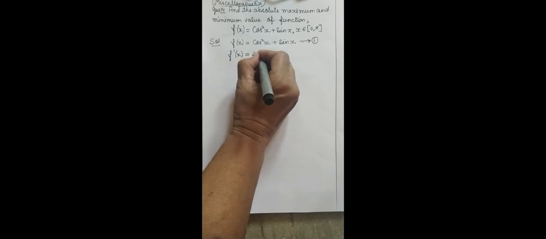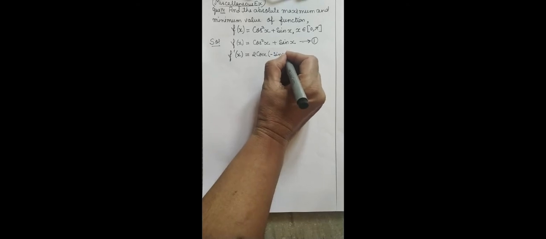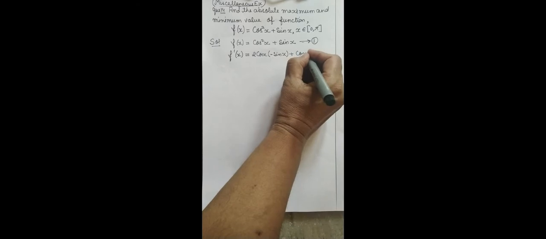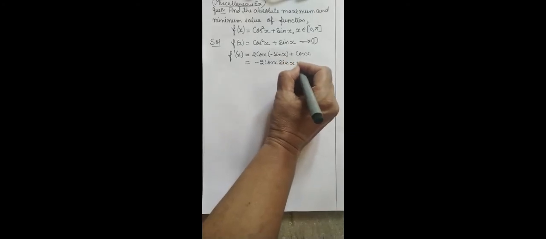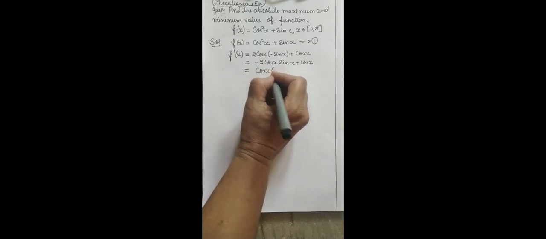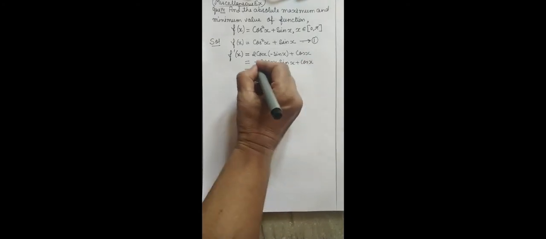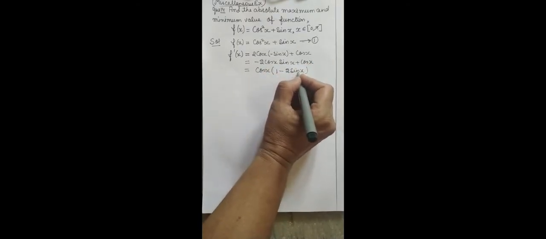It will be 2 cos x into, by chain rule, derivative of cos x will be multiplied, that is minus sin x, plus derivative of sin x is cos x, which will be equal to minus 2 cos x sin x plus cos x, which is equal to, by taking cos x as common, cos x into 1 minus 2 sin x. I have written this term at first place and this term at second place.